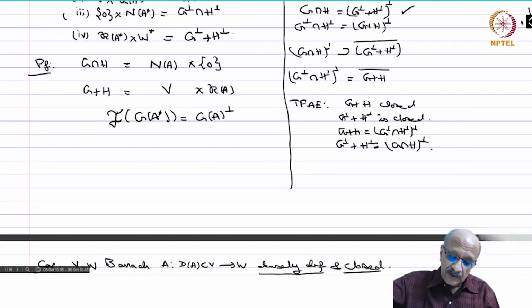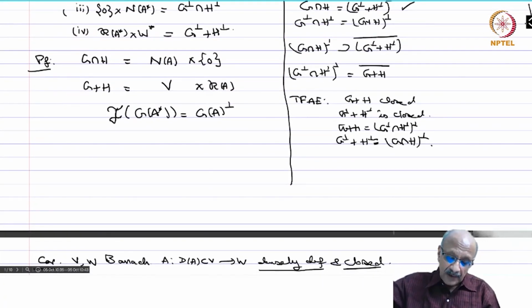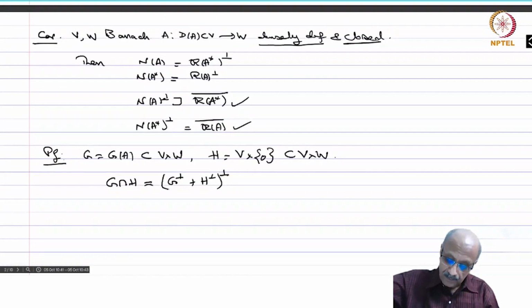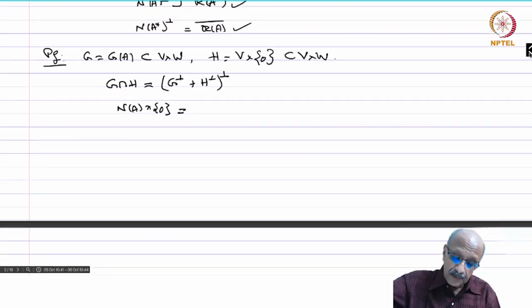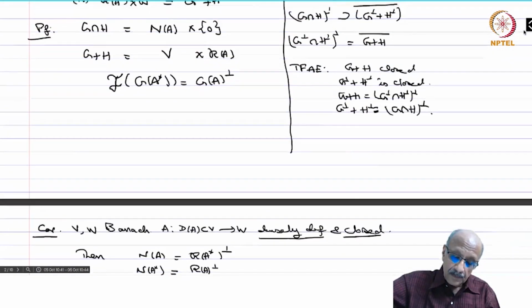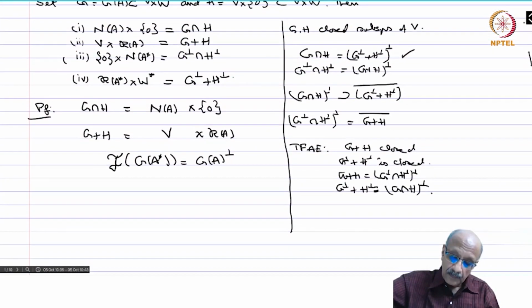G intersection H is N of A cross 0, and therefore we have N of A cross 0 equals G perp plus H perp, perp. G perp plus H perp is range of A star cross W star. So if you take the perp, the W star will give you 0, and here you have range of A star perp.